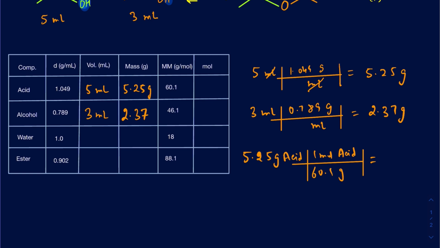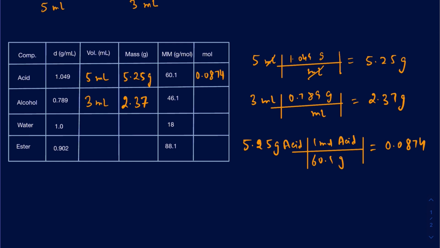That's going to be 5.25 divided by 60.1, so it's going to be 0.0874. Okay, so I'll just go and write that down here. 0.0874 moles for that.